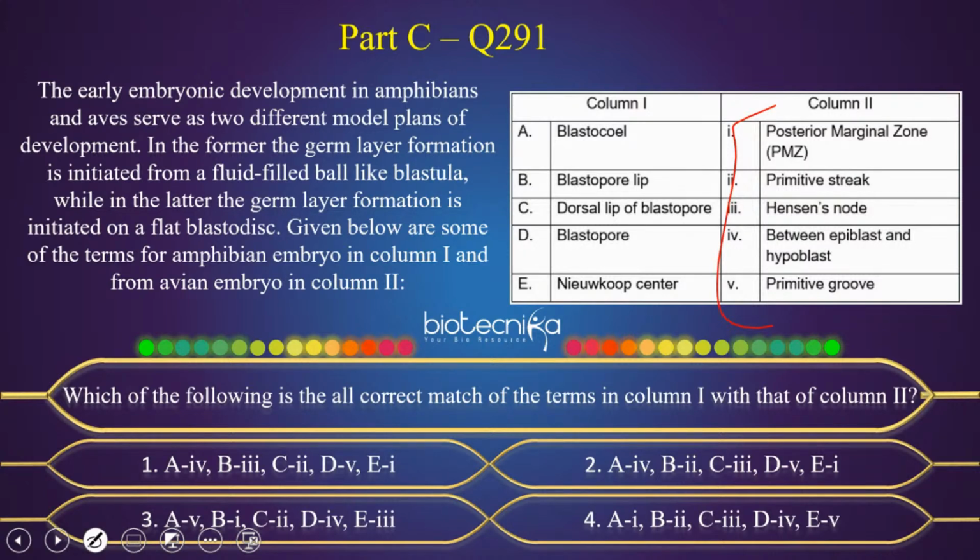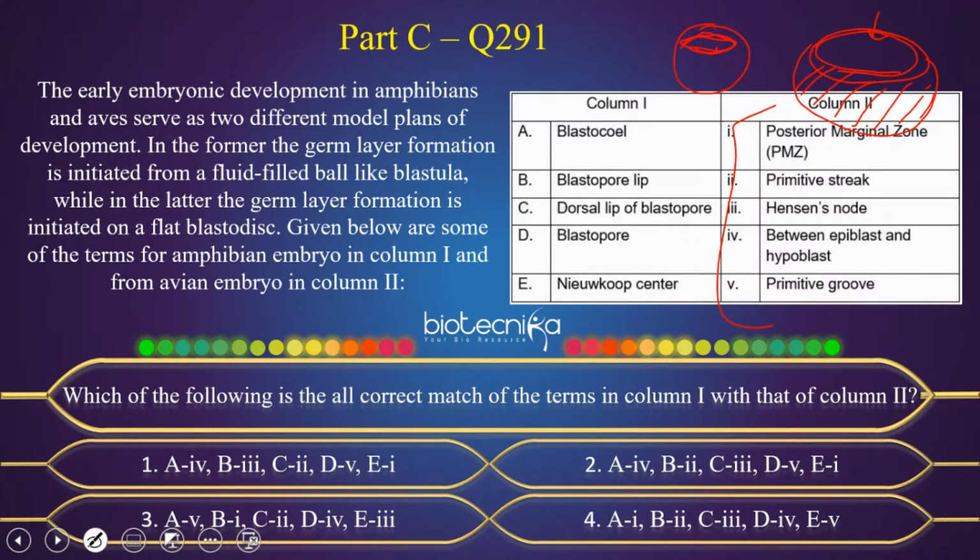Yeah. So basically, what do we know? What is blastocele? So in amphibian development, you have a blastocele which is formed over here, right? And in the avian development, the blastula is actually a blastoderm which is only in the topmost part, because the rest of the cells are filled up with yolk.